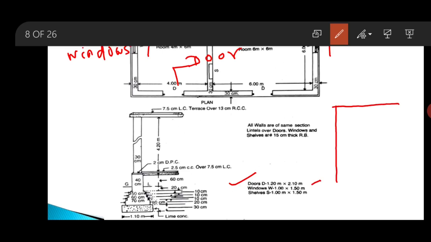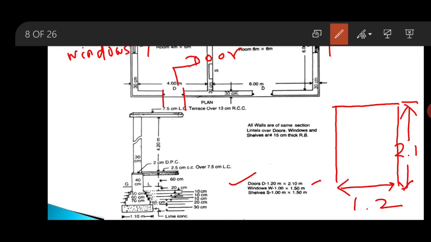If I draw the elevation of a door, this length will be 1.2 and this will be 2.1. In the plan also, this one is the length which is equal to 1.2.